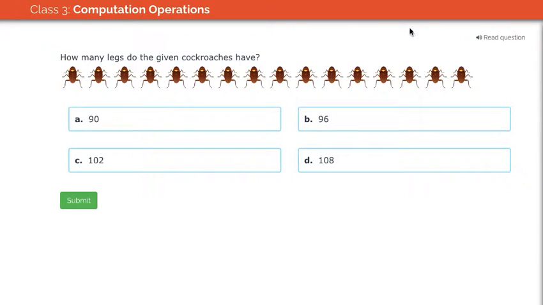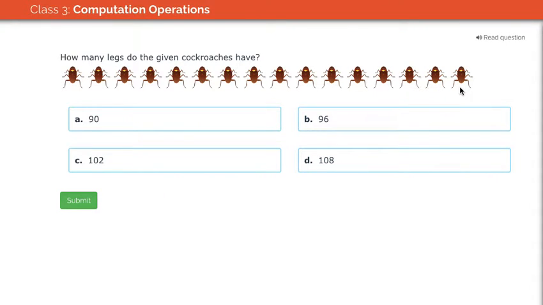Now let's count all of the bugs without counting their legs. 1, 2, 3, 4, 5, 6, 7, 8, 9, 10, 11, 12, 13, 14, 15, 16.